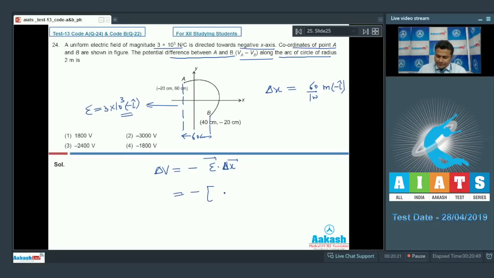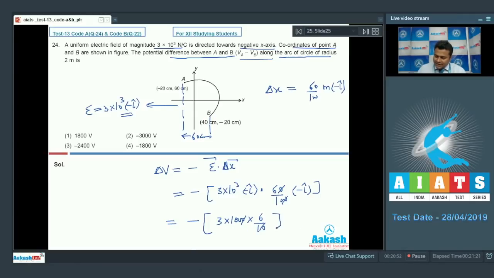E, 3 into 10 to the power 3 minus i cap dot 60 by 100 minus i cap. So i cap becomes 1, minus minus cancel. Ultimately we will get minus of 3 into 10 cube, that is 1000 multiplied by 6 by 10.